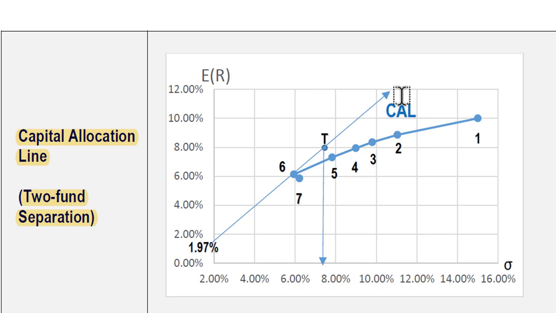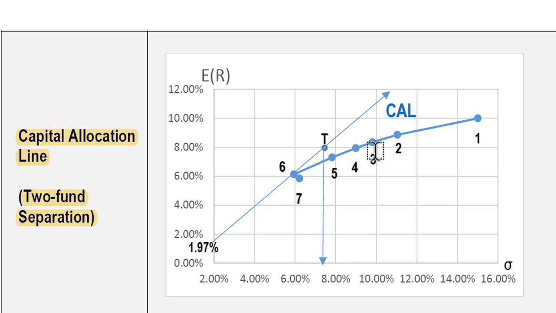Now, this line we call the capital allocation line, because it gives you the best Sharpe ratio. Now if you are able to, say, borrow money, because your target is 8%, where T is the target, why don't you use 6? Why would you want to use 3 and 4 here?